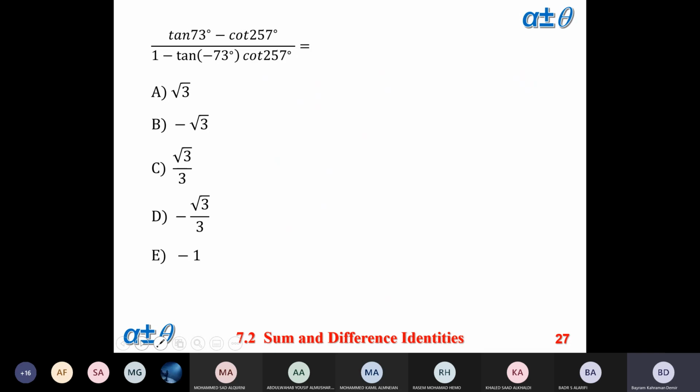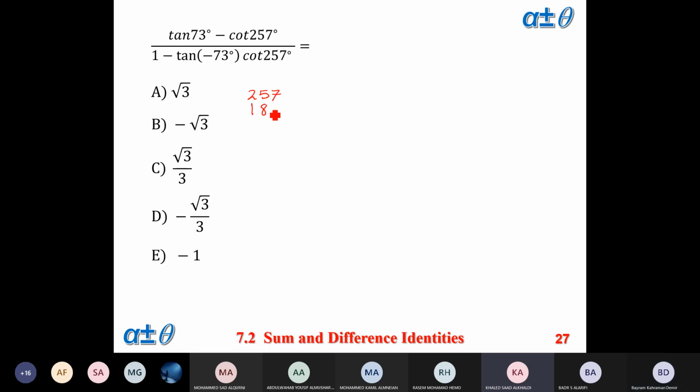Well, there is another one. Let's just do the same thing. Tangent 73 is okay, but how about cotangent 257? So let's see what is 257. The reference angle will be 77.